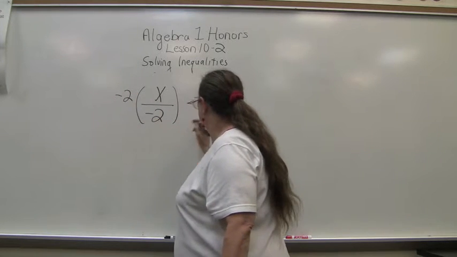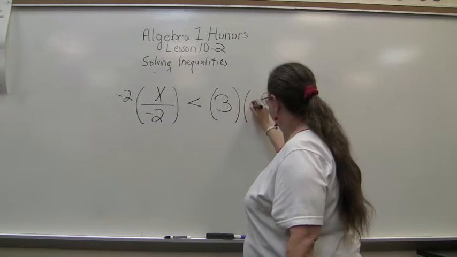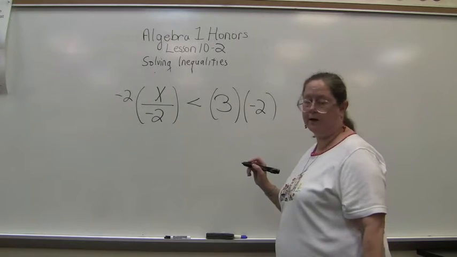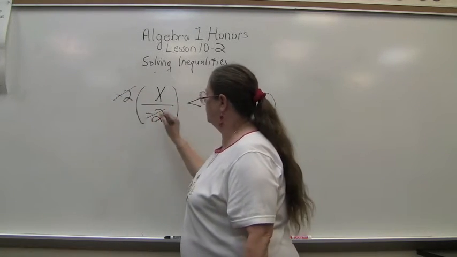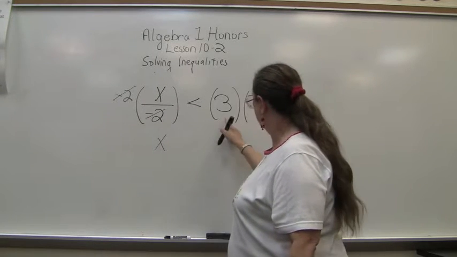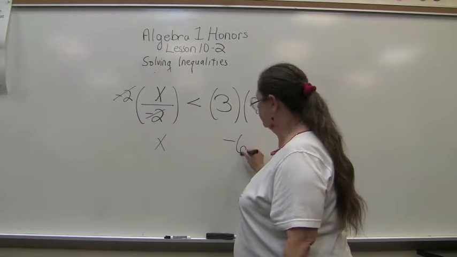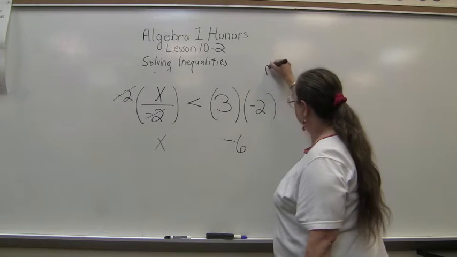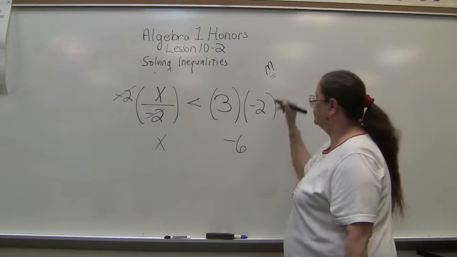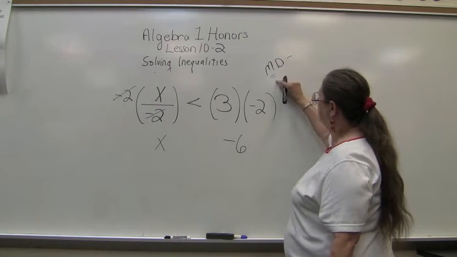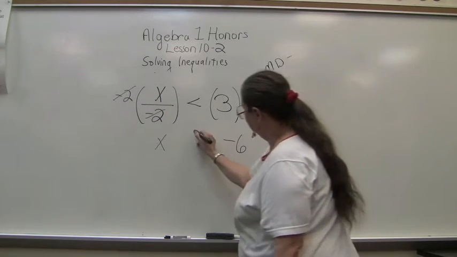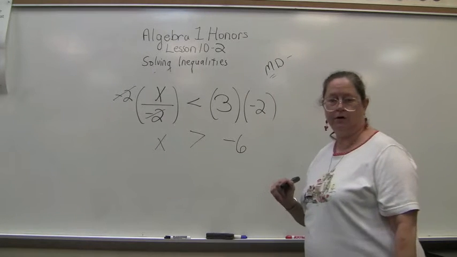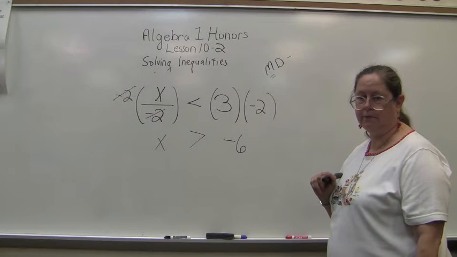Negative 2 here, negative 2 here. We're going to multiply. These will cancel, 1, 1, so we're just left with our x. Over here, we get negative 6, and we multiplied, right, of our MD, we multiplied by a negative number, so bad doctor here. We have to flip our sign, okay?